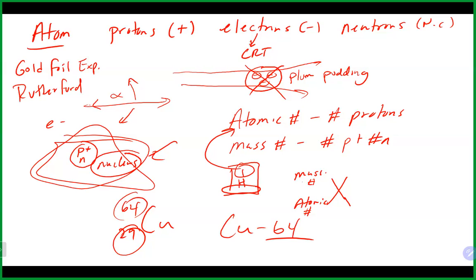If you look at the periodic table, no element has the same atomic number. So if you know the atomic number, which is the number of protons, you know what element you're dealing with, and vice versa. If you know the element and want to know how many protons it has, all you have to do is find it on the periodic table and find the atomic number, and it will tell you the number of protons.